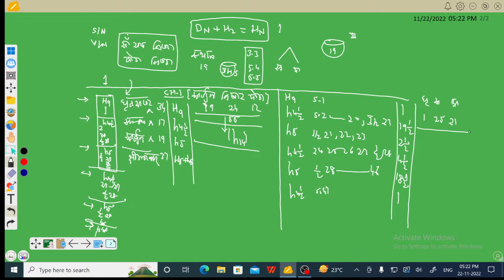Shloka 21 has half participation of Sanjay and half participation of Arjuna. Likewise, shloka 28, the first half is of Sanjay and the other half is of Arjuna.